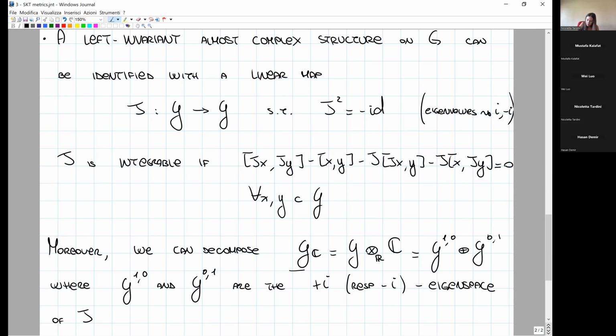And so g_C decomposes as the direct sum of the two subspaces.